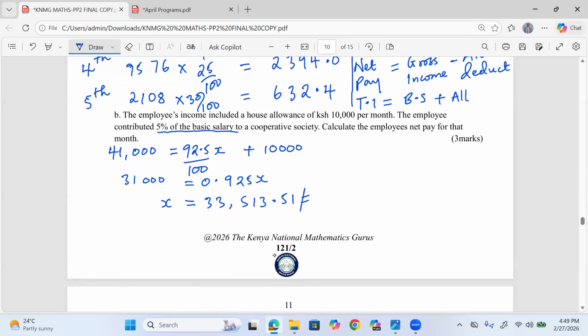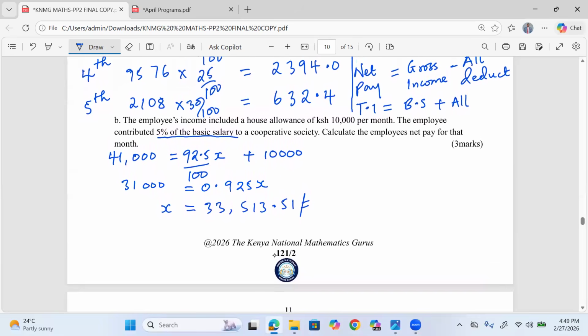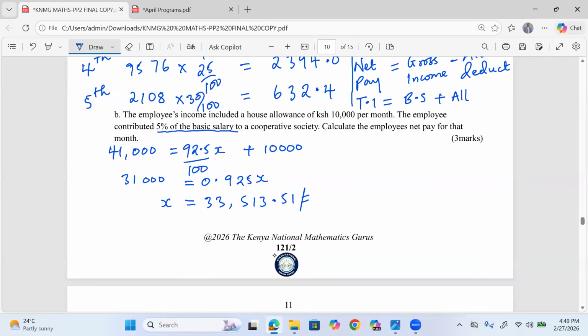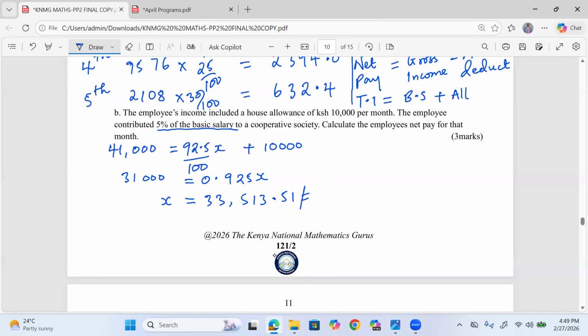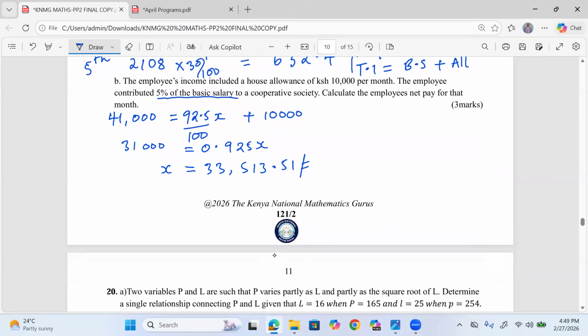Now, after knowing the basic salary, we can talk about the deduction that we were after. Which deduction are we after? The deduction that we are after is the 5% of this basic salary to the cooperative society.